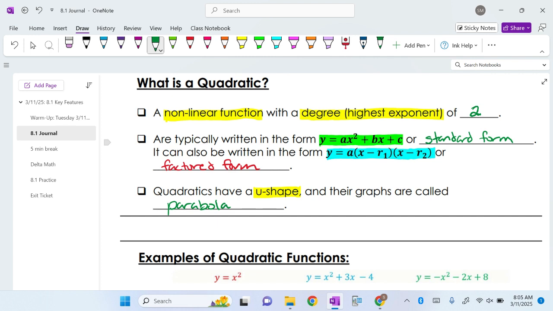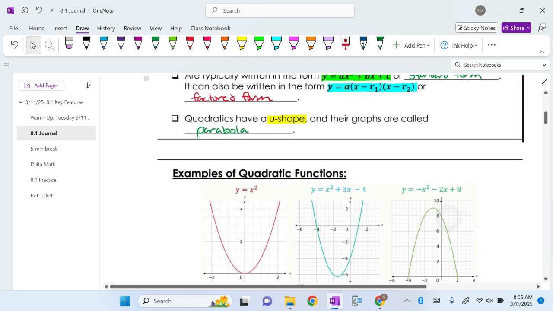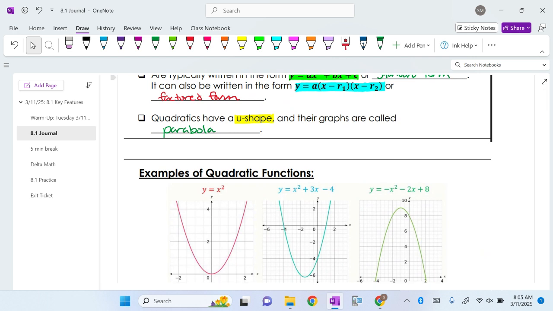All right. Now, below are a couple of examples of quadratic graphs. So these 3 pictures right here are examples of quadratic graphs. As you can see, they do look like a U in shape, except for this last one.